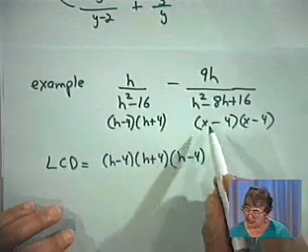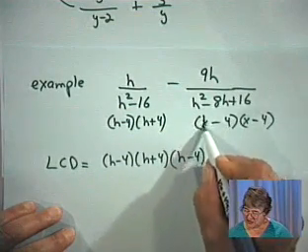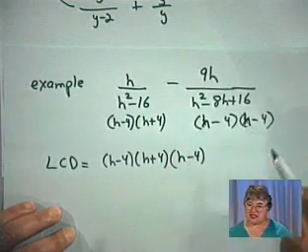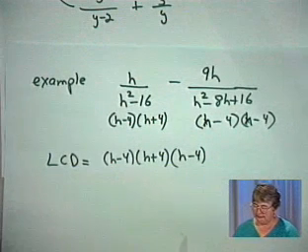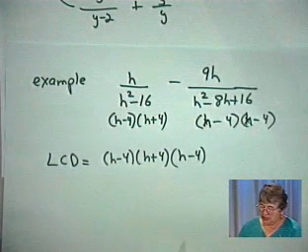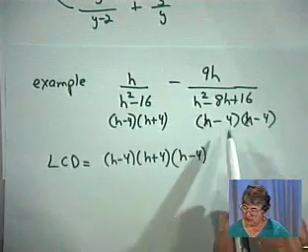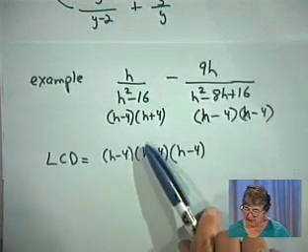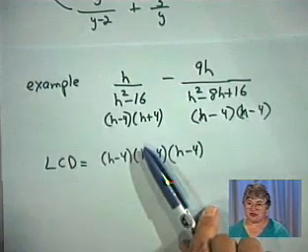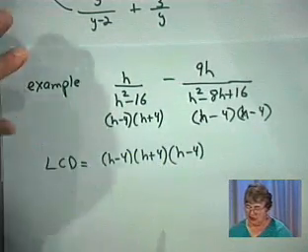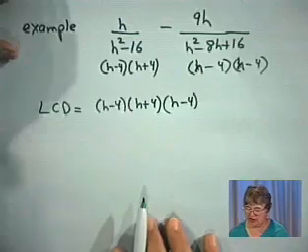And I notice here that I changed my h's to x's, so this should be an h and this should be an h. Okay? So h minus 4 times h plus 4 times h minus 4. If we cover the middle factor, we have two h minus 4 factors. So this is the lowest common denominator for this particular problem.